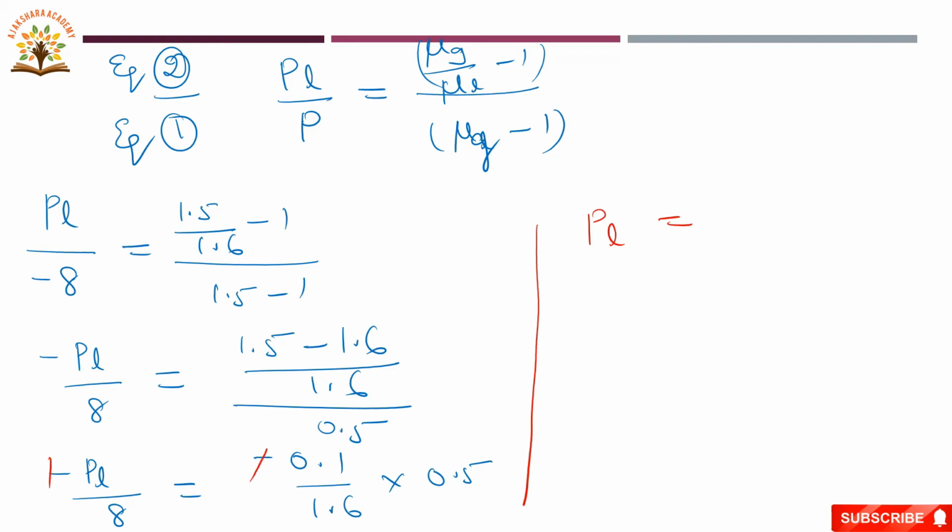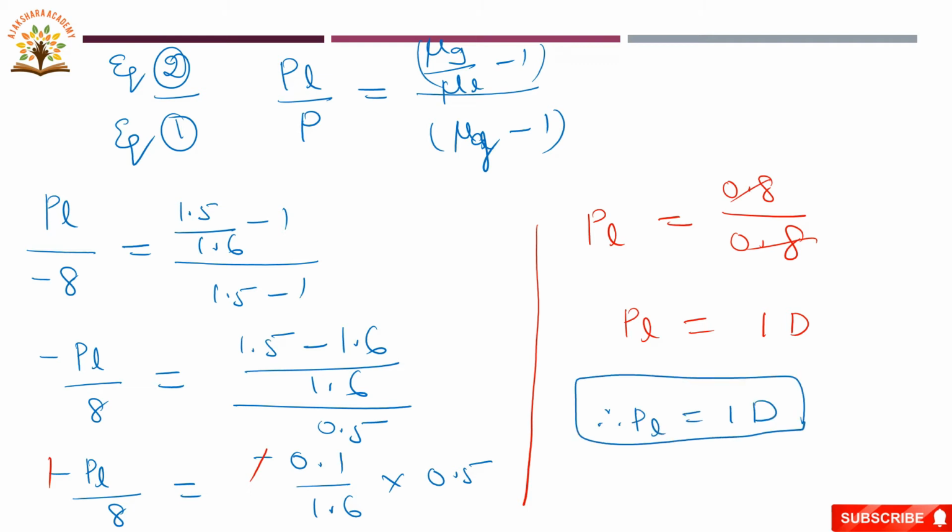Now PL is equal to 0.8 by 0.8, so we are getting 1. These two are cancelled, 1 diopter. So the optical power of the lens in the liquid is 1 diopter.